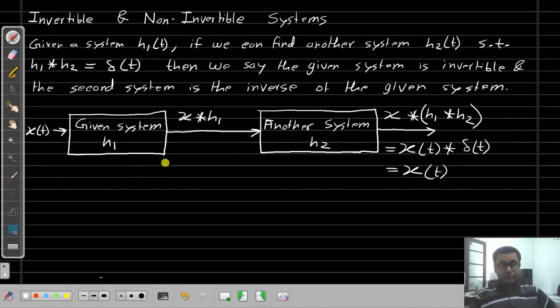Okay, and if you cannot find such a system, or if nobody can find such a system in theory, then we will say this system to be non-invertible.